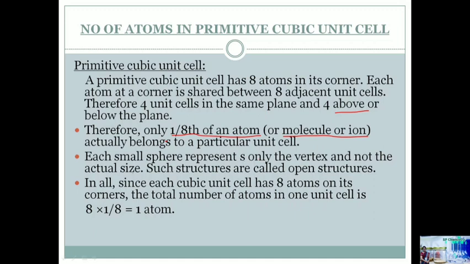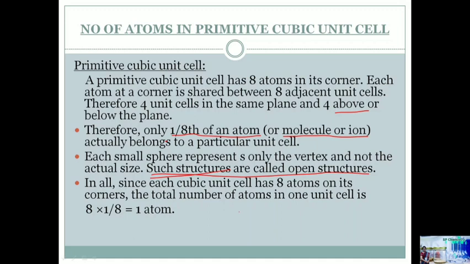So each small sphere represents only the vertex and not the actual size, right? Such structures are called open structures. And in all, since each cubic unit cell has 8 atoms on its 8 corners, how will we calculate the total number of atoms in the unit cell? At 8 corners, 8 atoms are present.